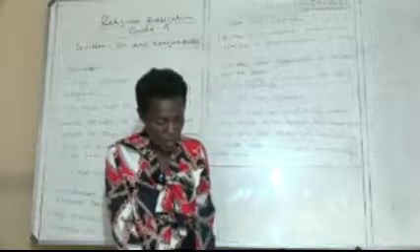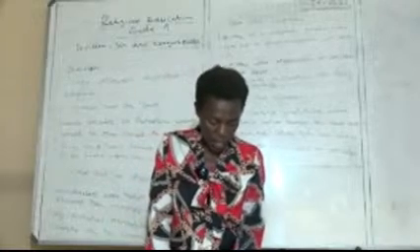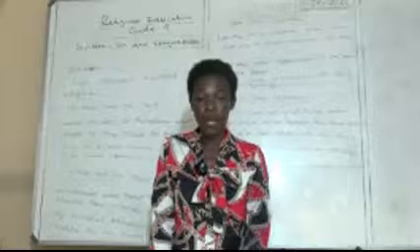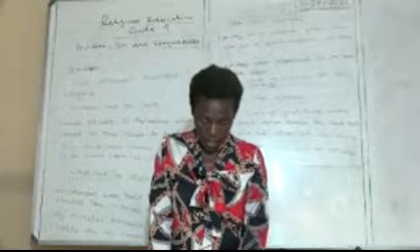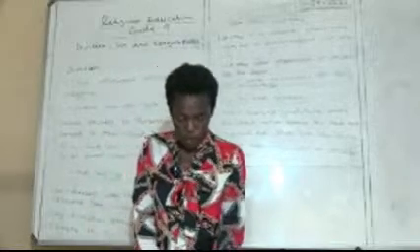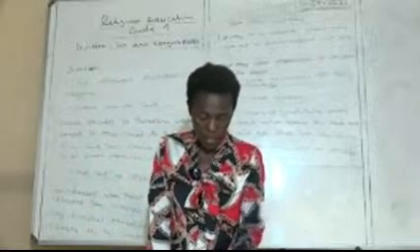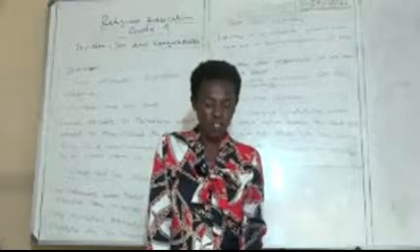And the last one: Jesus socialized, ate and drank with a tax collector. This is found in Luke 5, verse 27 to 50. These are scriptures you can look at in your own time.